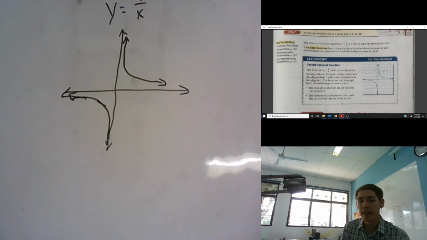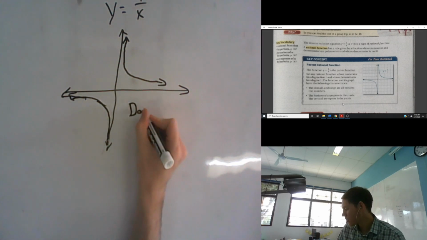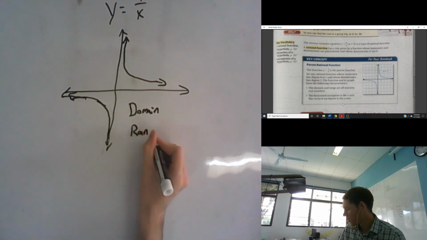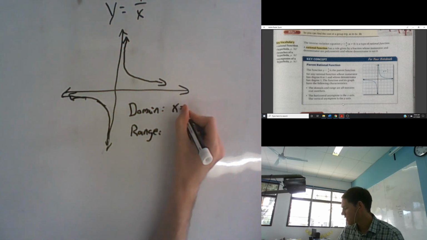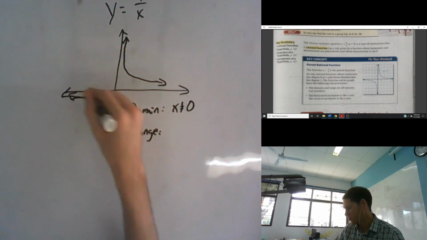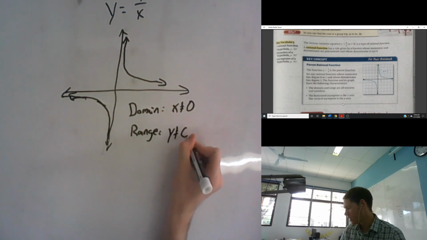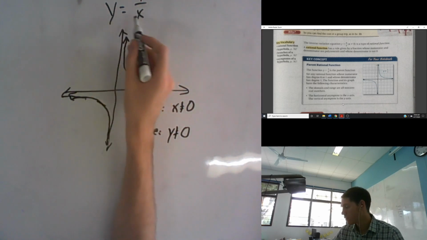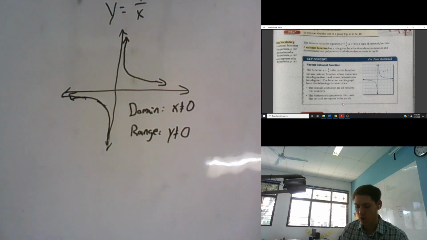Now, domain and range. You would just say that the domain is x does not equal 0 because x can't equal 0 right here, and y doesn't equal 0. Essentially, you can't make it so that 0's here or 0's here. Okay, that's just part of the rules.